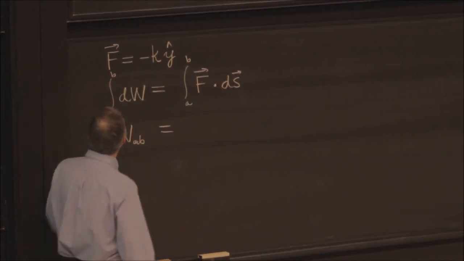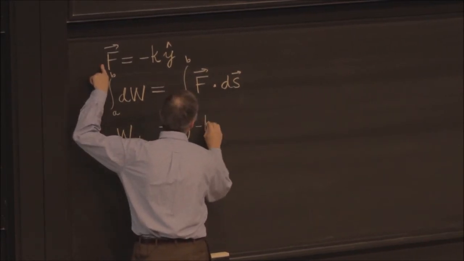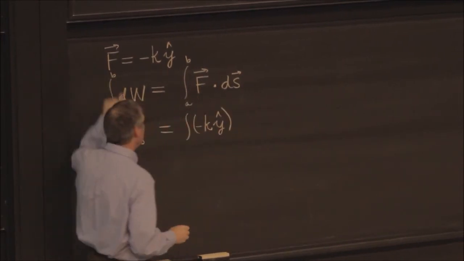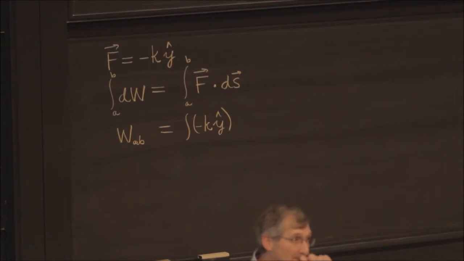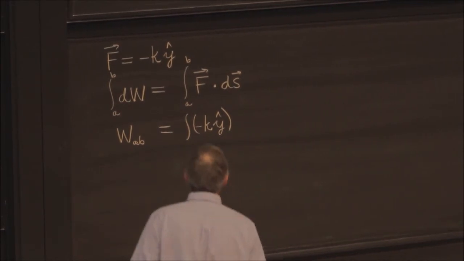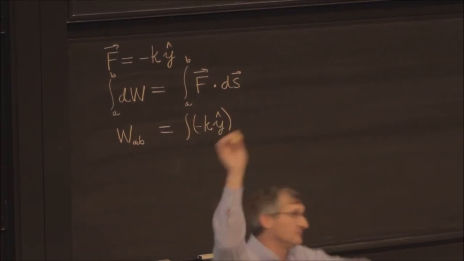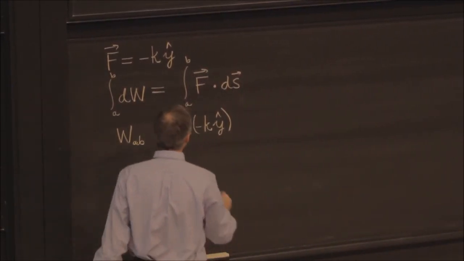All right, so I now sub in my definition for F. That's minus some crummy constant times a unit vector in the y direction. How do I write ds? I haven't showed you the path. It could be some crazy thing, right? So what in general would be ds?